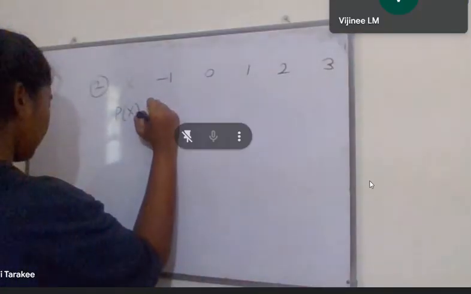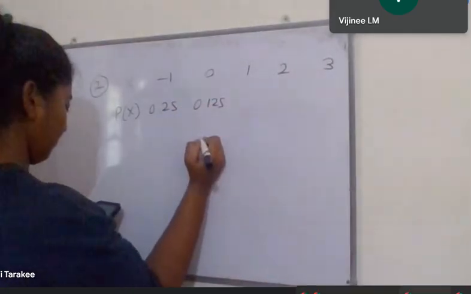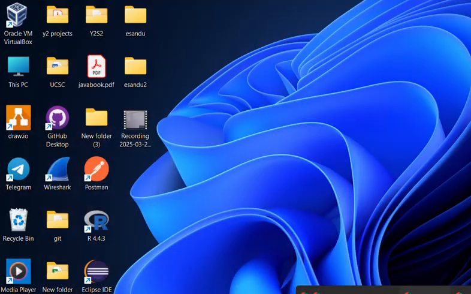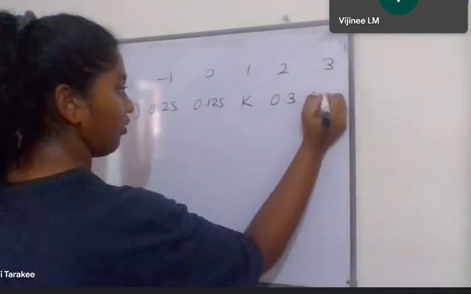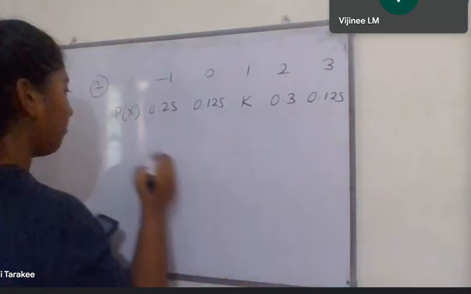So minus 1, 0, 1, 2, and 3. Probabilities are 0.25, 0.125, K, 0.3, and 0.125. Okay, now we have to find the value of K.